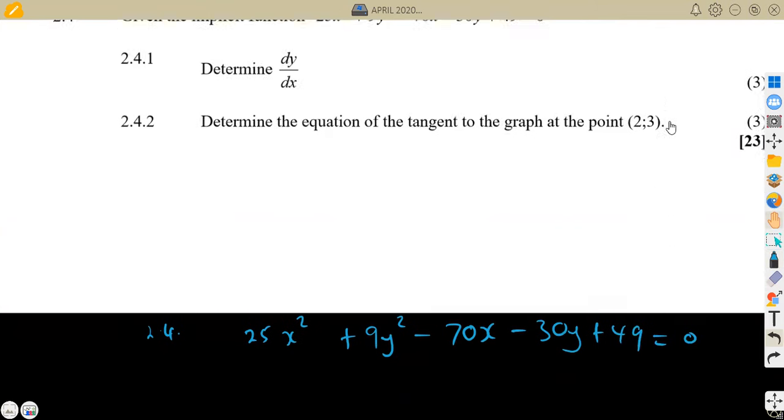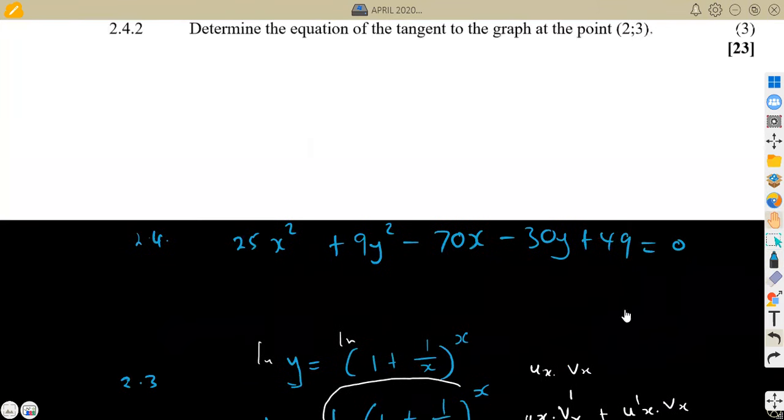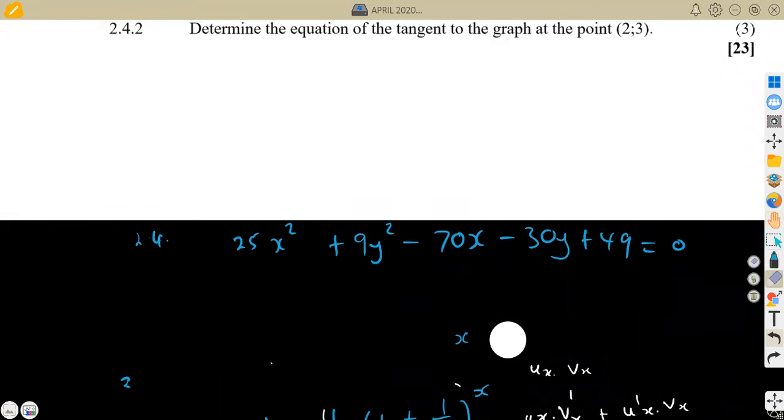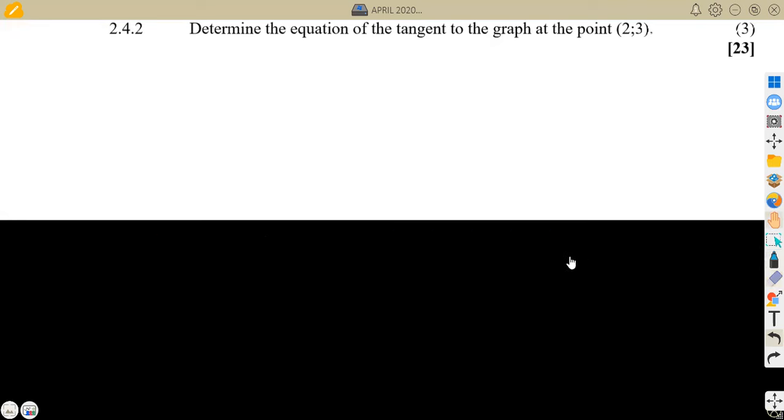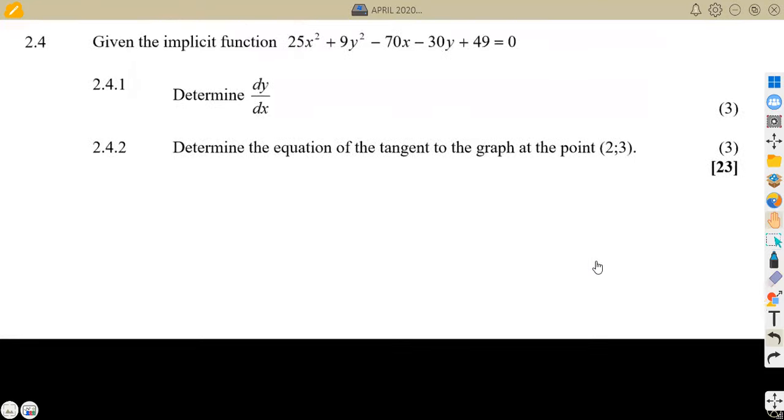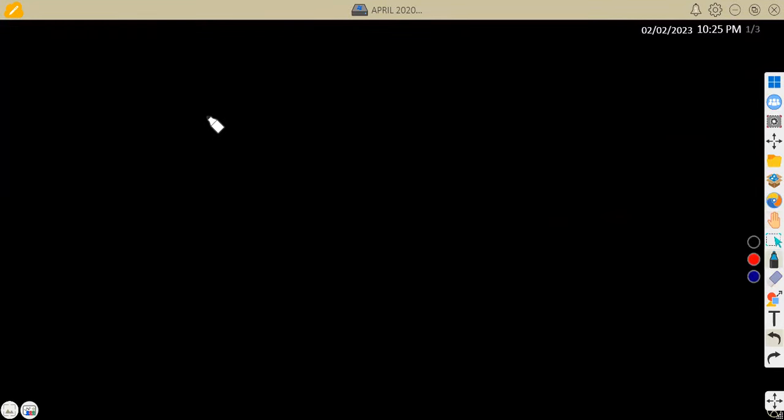So remember, if we are to find this derivative, let me just remove everything. Then now we just have to rewrite back this question, since we have removed everything here. So this is 2.4.